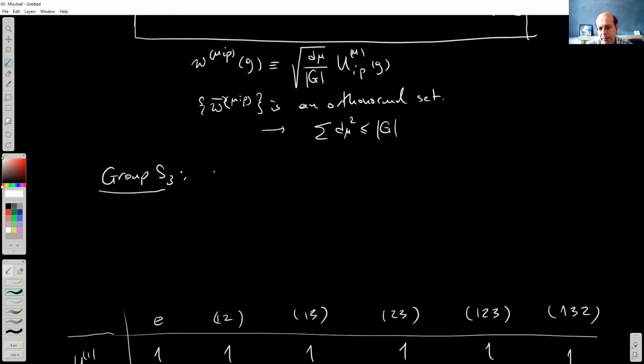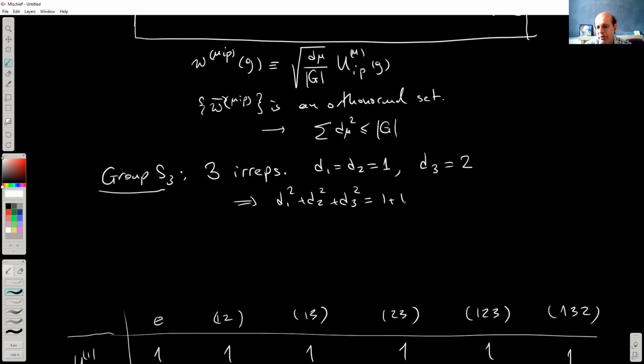In that case, it appears that there are three irreducible representations, well, three inequivalent ones, right? And it appears that the first two have dimension 1, and the last one has dimension 2. So as a result, the sum of these dimensions squared, d1 squared plus d2 squared plus d3 squared. So let me write it down like that.